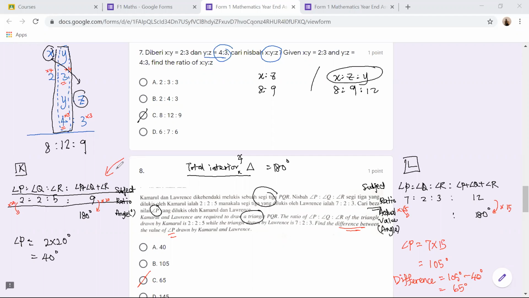You can also use the one that I always say, the proportion table, whereby this is the ratio and this is the actual value, in this case the angle. It's the same thing. For the ratio part, the subject I don't write. I just put the 180. 180 is the total angle, which will be the total of P, Q, and R, so automatically I add up this one here.